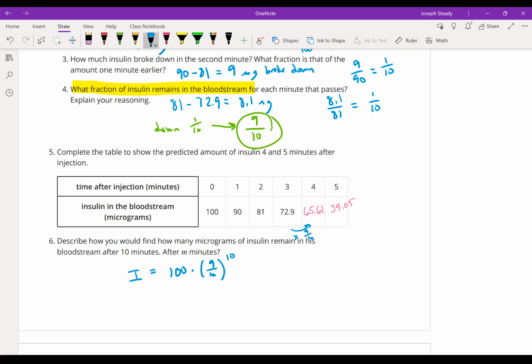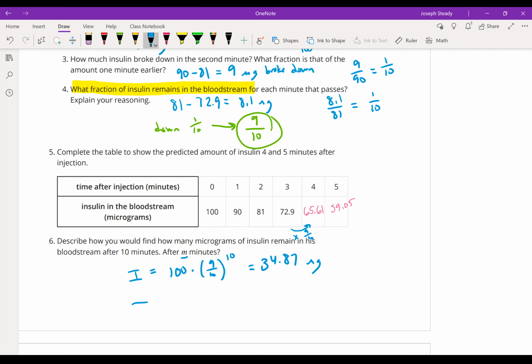And that'll find how many micrograms of insulin are left after 10 minutes. And just because I'm curious, I'm going to go ahead and find that number. That number is 34.87 micrograms.